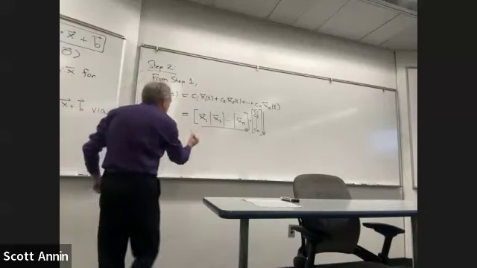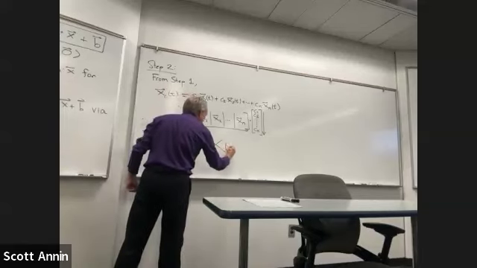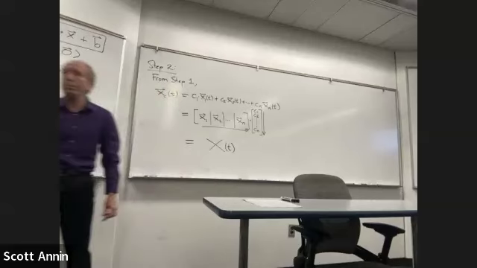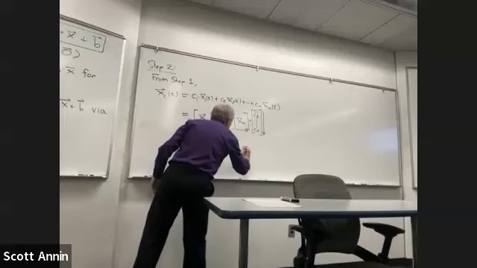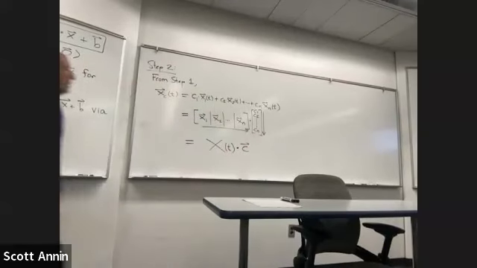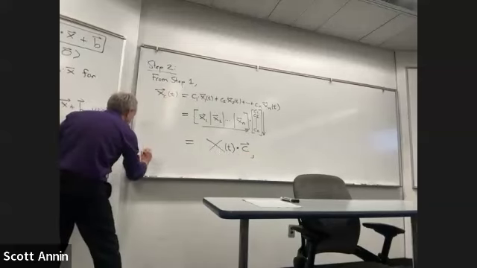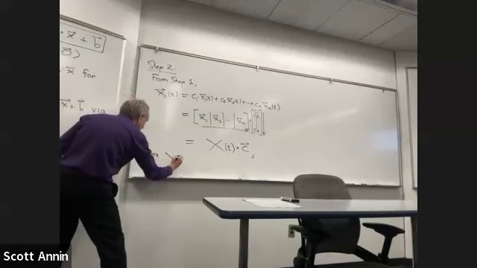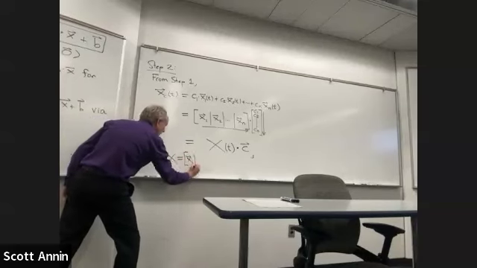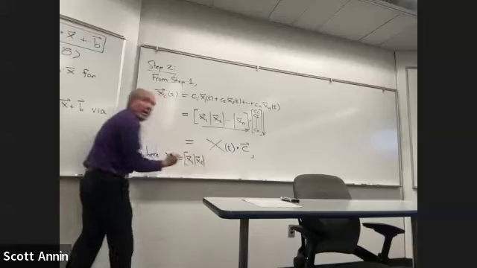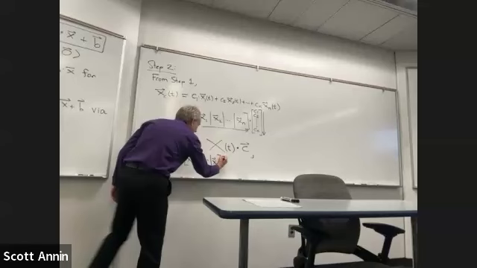Okay, and we can even do one more step and just write this as capital X, and it is a function of t, times this vector c, where I'm going to use a capital X for that matrix. Capital X is just the matrix whose columns are these solutions, x1, x2, and dot dot dot up to xn.